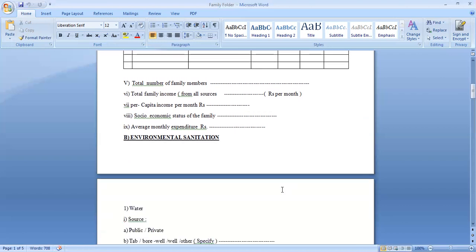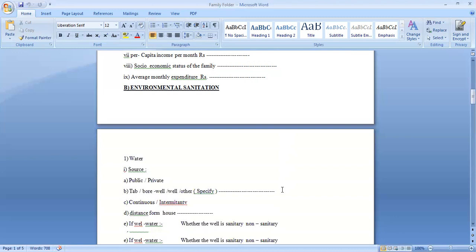Then environmental sanitation is very important from the point of view of disease. As you know, pure drinking water, clean water and a clean atmosphere are very necessary for keeping the people healthy.